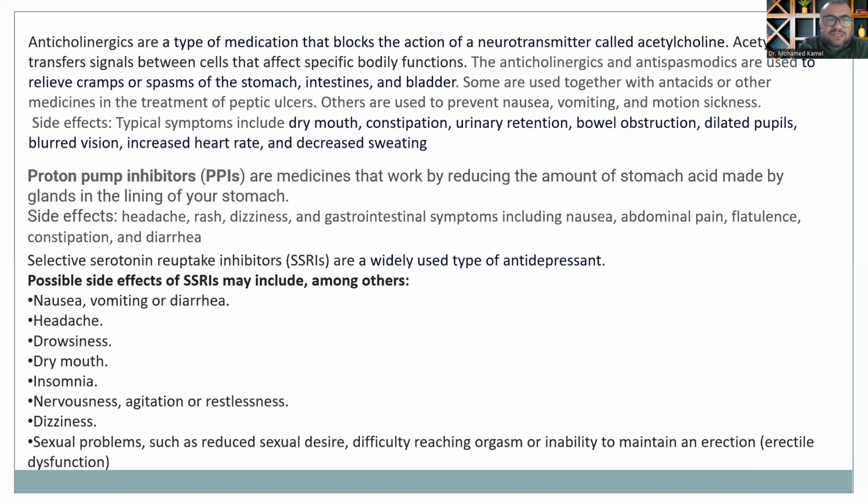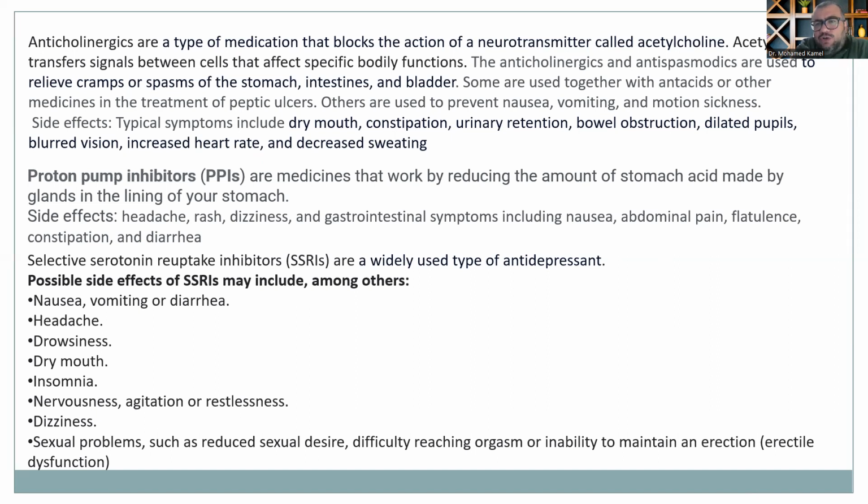Anticholinergics are a type of medication that blocks the action of a neurotransmitter called acetylcholine. Acetylcholine transfers signals between cells that affect specific body functions.